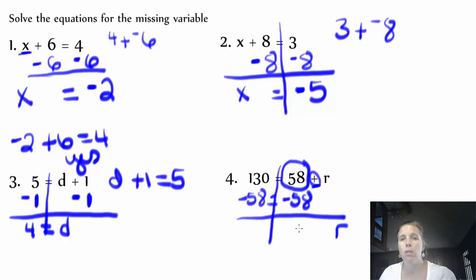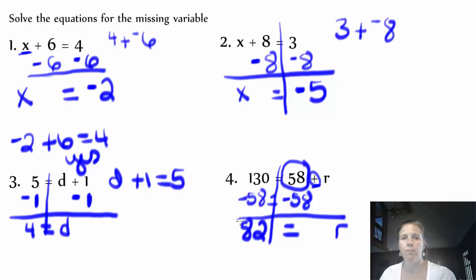So R equals, and since one is positive and one is negative, it's just 130 minus 58. What is that? 82? Is that right? Nope. Wait, let me recount.